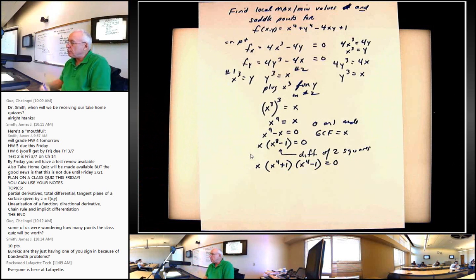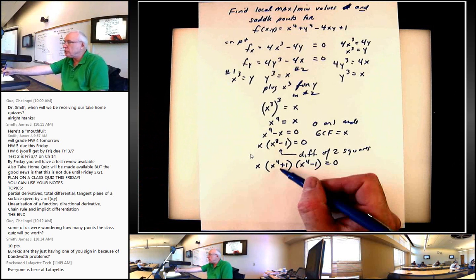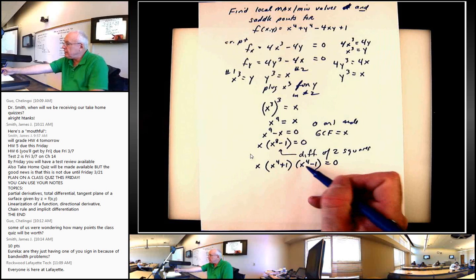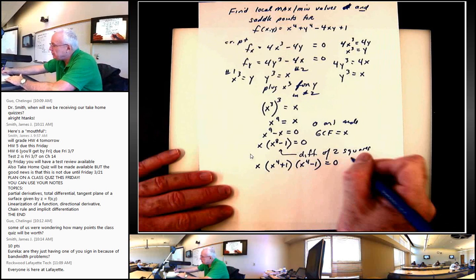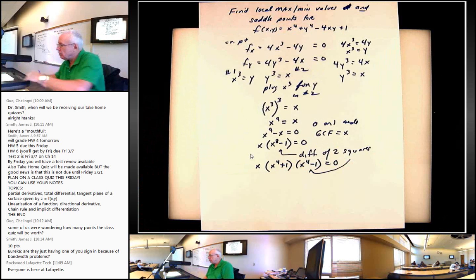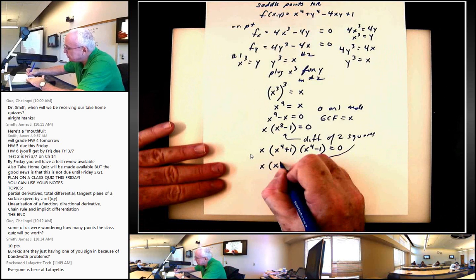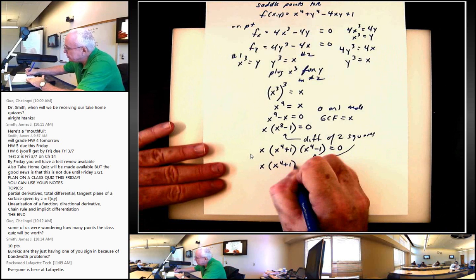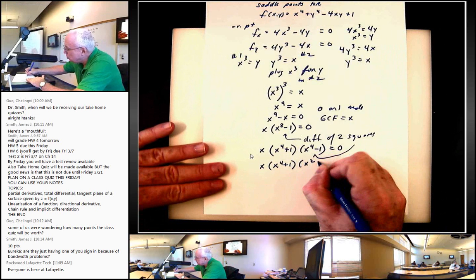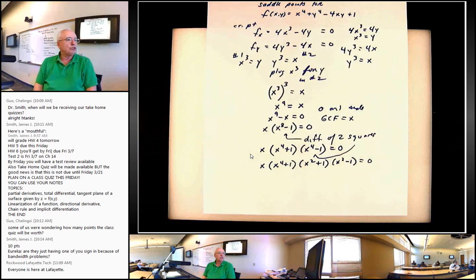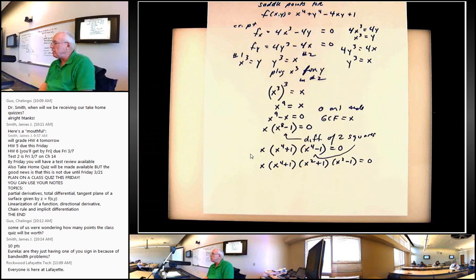Then we look further. I cannot factor x to the 4th plus 1 with real numbers. But x to the 4th minus 1 is another difference of 2 squares. So let's factor further. Now we have x times x to the 4th plus 1, times x squared plus 1, times x squared minus 1. We're able to factor further, and let's stop there with the factoring. That's good enough.